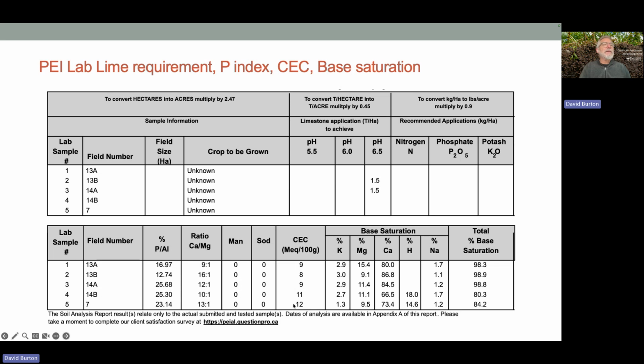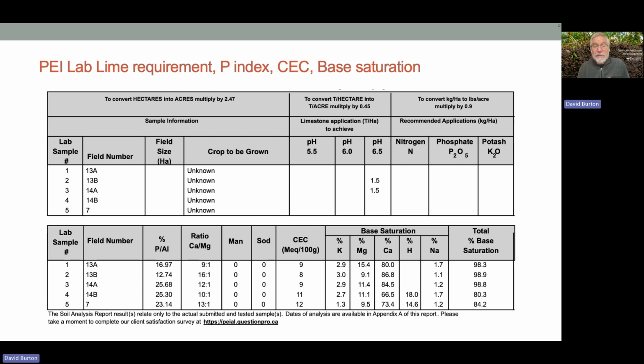And the cation exchange capacity of the soil and base saturation. Again, note these cation exchange capacities are really very small. In Western Canada, they might be 3, 4, 5 times higher than that. That's important because that cation exchange capacity is what allows the soil to retain the base cations.